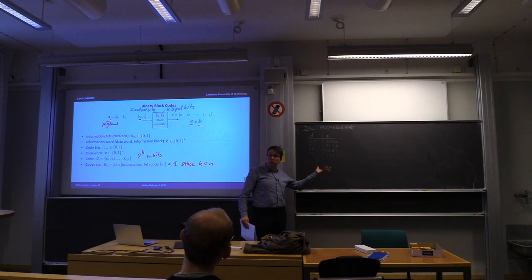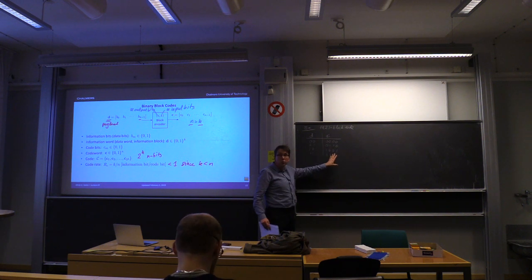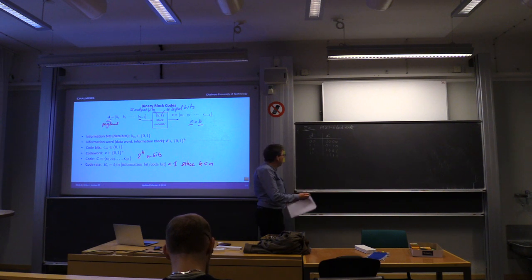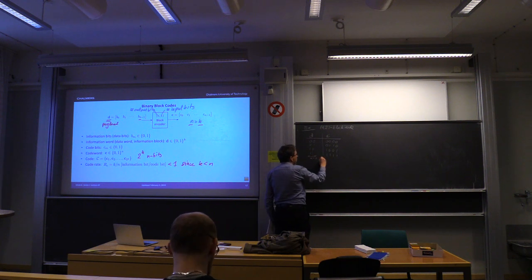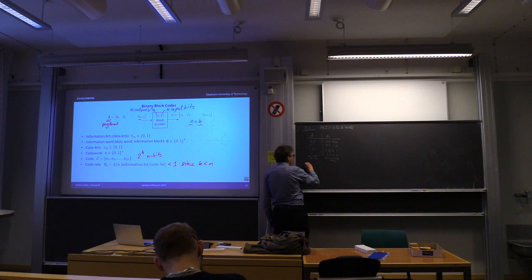That's it. This specifies the encoder. For each possible input, we have the corresponding output in this table. We have here k equal to 2 and n equal to 4. We have a code rate which is 2 divided by 4, which is 1/2.